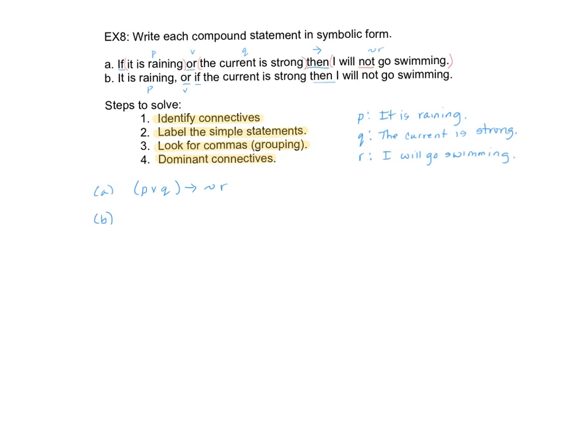That would be Q. Arrow, then I will not go swimming would be not R. So notice that in part A and part B, it's P or Q arrow, not R. They have the same symbolic representation, but in part B, I have a comma, which tells me that the Q arrow, not R, is grouped together. So this would be P or, in parentheses, Q arrow, not R.